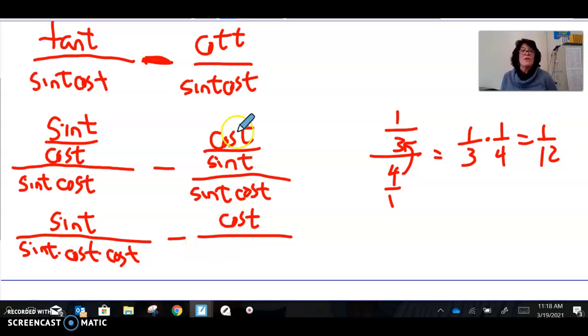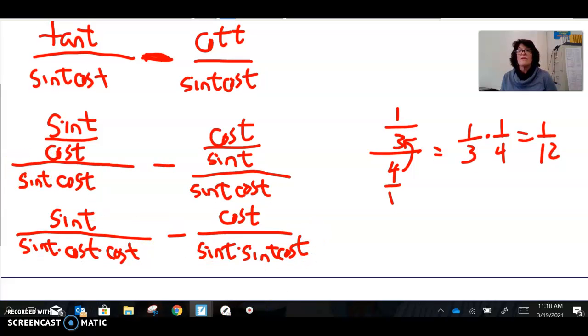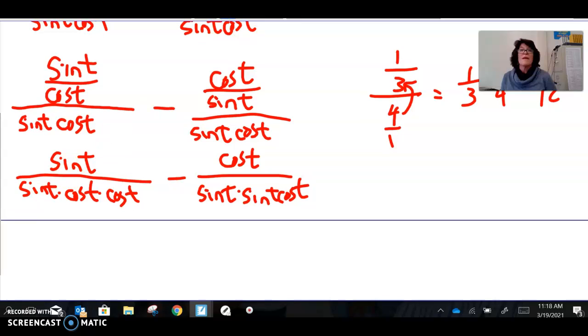So I have cosine t over, of course, the sine t that's already there, and then these two. Okay? So I do notice that in this case, the sines cancel, and I have 1 over, I'm going to call this cosine squared, okay? Cosine times cosine. Here the cosines cancel, and I have 1 over sine squared.